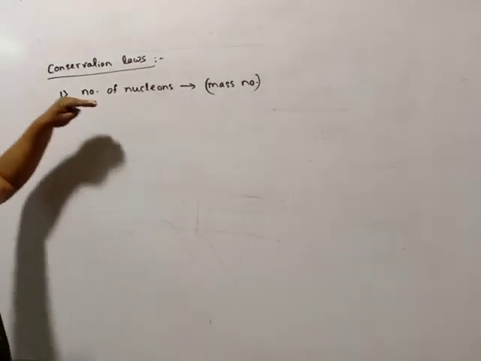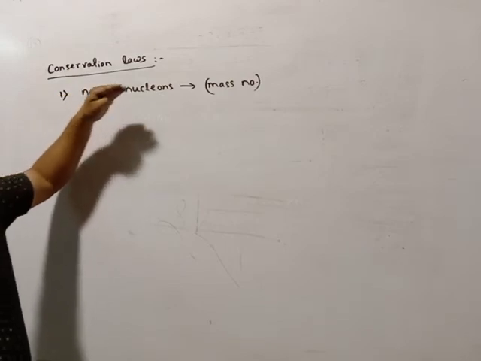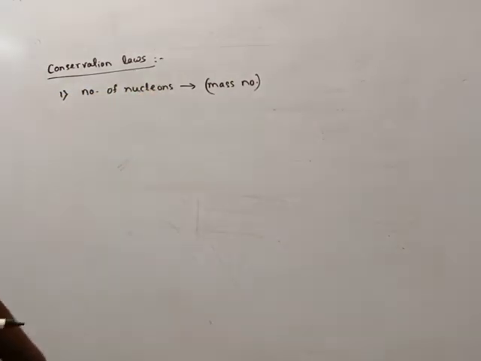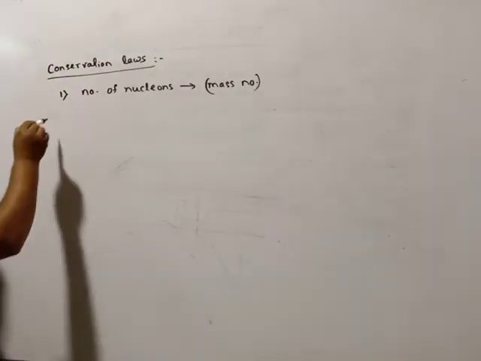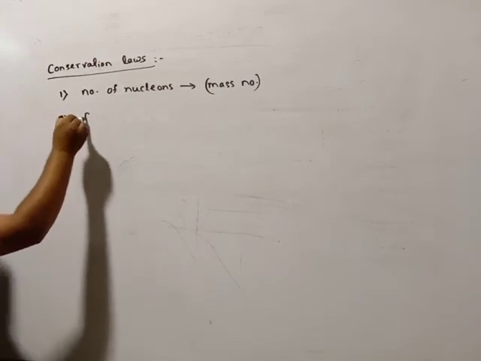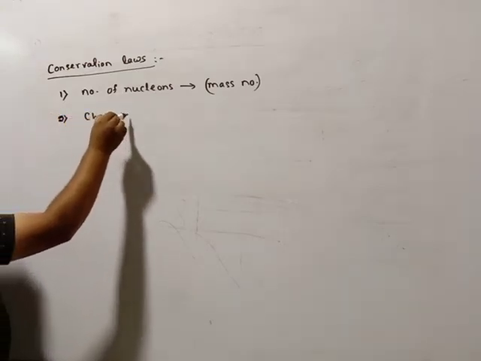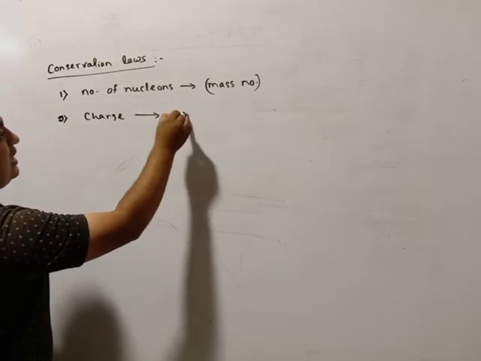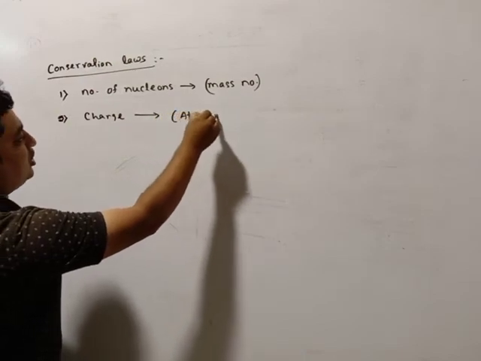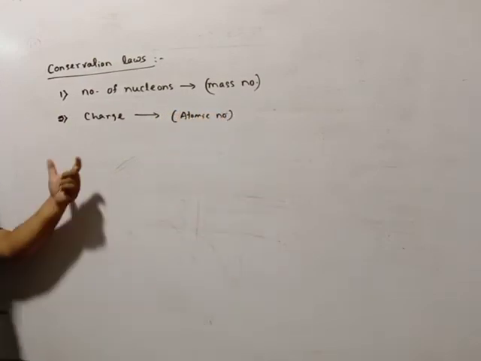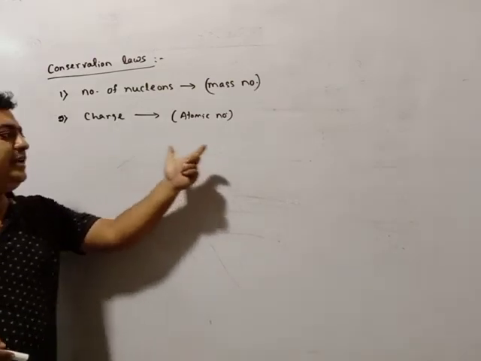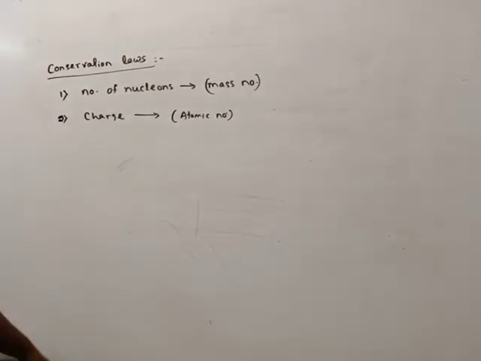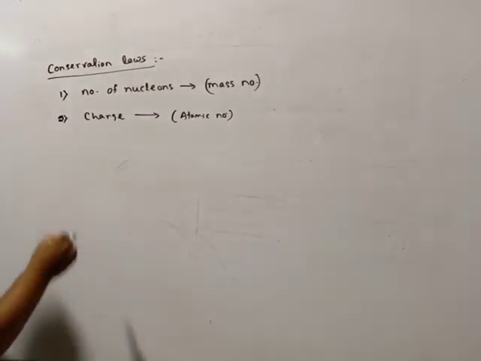That means mass number on the reactant side must be equal to mass number on the product side. Second, charge is conserved. That means atomic number is conserved. So, total charge on the reactant side must be equal to total charge on the product side.